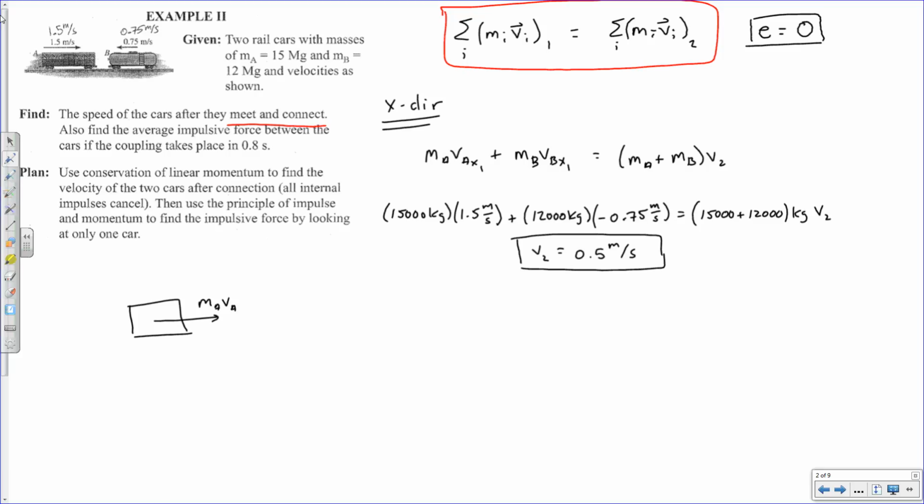We know all about this because we know its mass and we know its initial velocity. Then, all of a sudden, it feels an external, from its perspective, an external impulsive force that's due to object B, and this is pointing in towards the left. This is the direction of the force that it feels from object B. It's feeling towards the left.